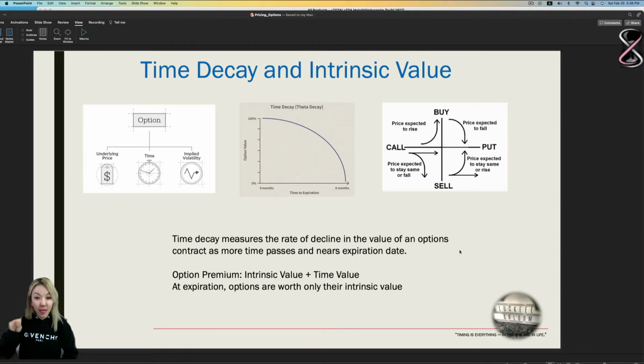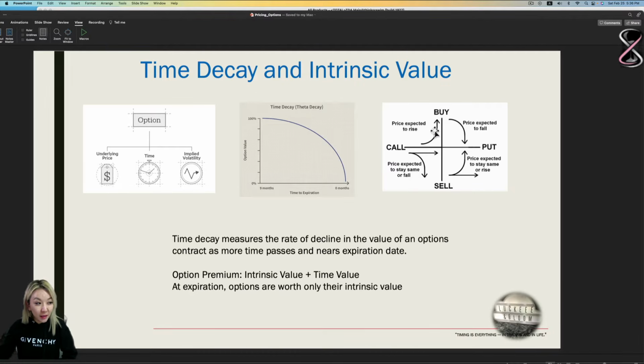There's four ways where you can trade an option. You can either buy a call, right? You can buy a call. You can sell a call, right? You can sell a call. You can buy a put, and you're betting that the price goes down, or you can sell a put betting that the price goes up. So there's four ways, right?